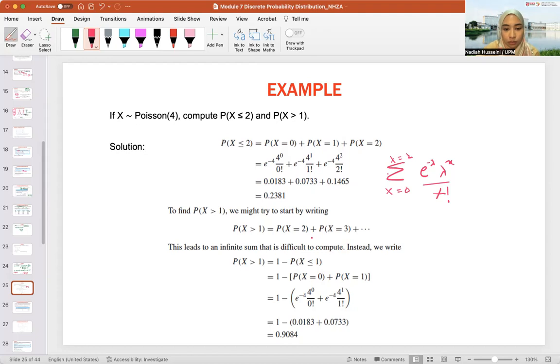And then again, this was the answer given by Sam just now. So 1 minus the probability of x being less than or equal to 1. So our summation was from x equals 0 up until x equals 1. They expanded it like this: probability of x equals 0, probability of x equals 1. This is cumulative.